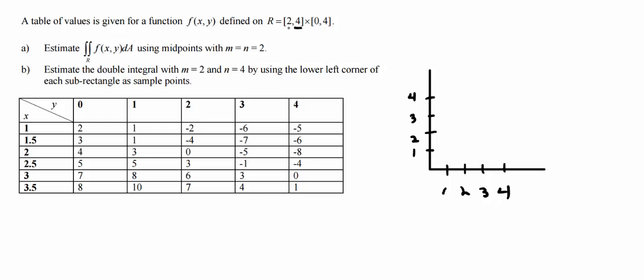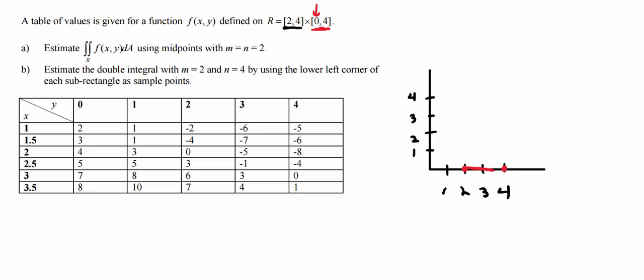Okay, the interval from 2 to 4. It's critical that you realize the y interval goes from 0 to 4, and then you can actually identify where the lower side of your rectangle is. It'll actually be at the height this gives you. So it'll go from 2 to 4, and it will actually be on the x-axis.